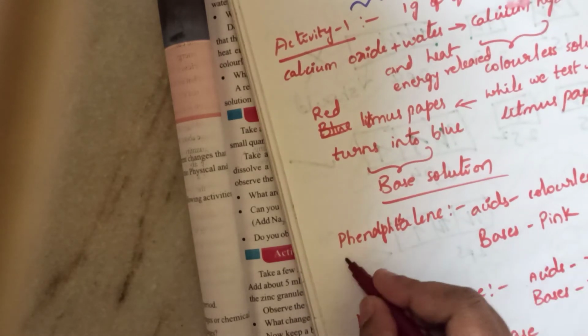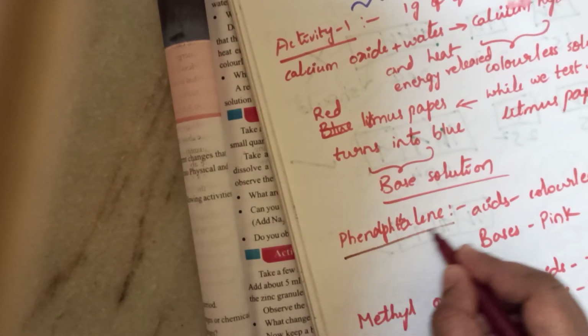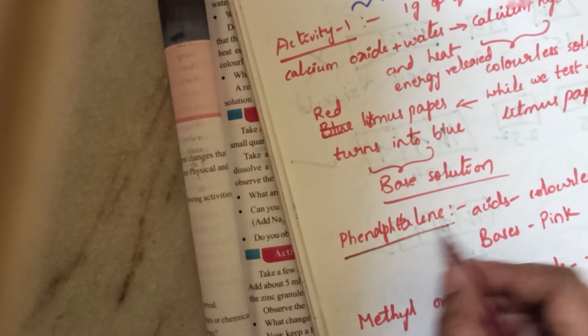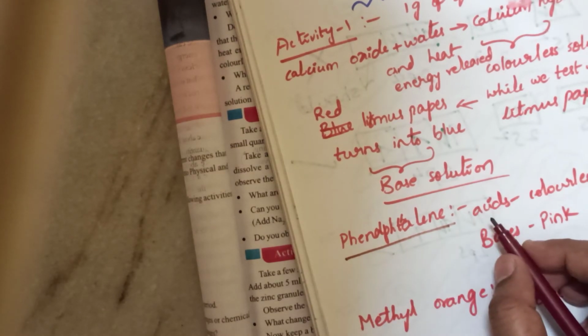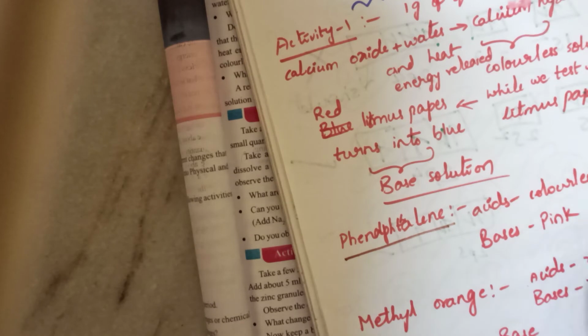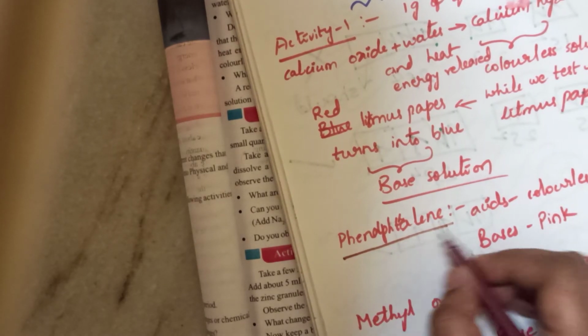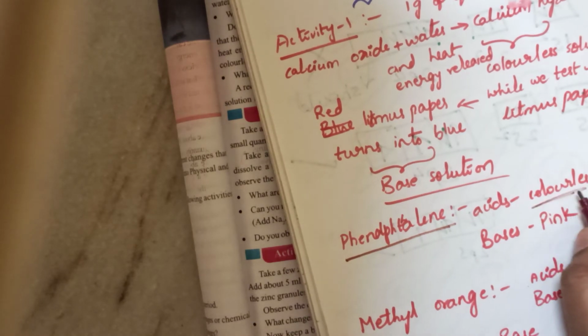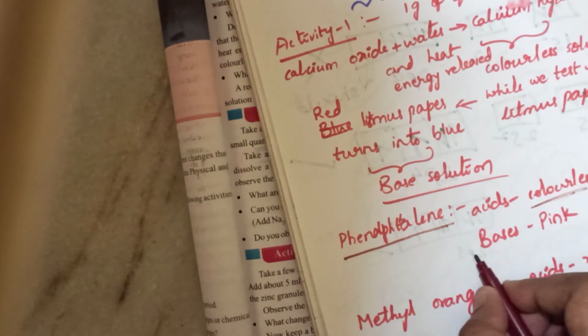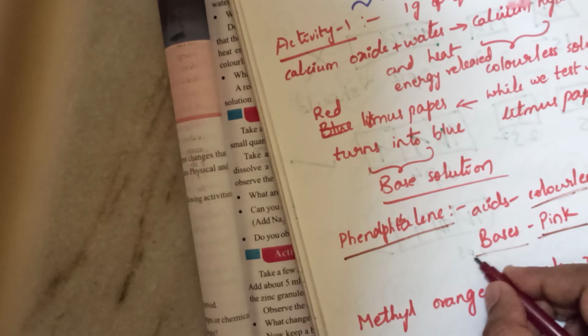Once again I am reminding you, children: phenolphthalein gives a colorless solution with acids. If we add phenolphthalein to acid, it becomes colorless. If we add it to bases, it changes to pink.